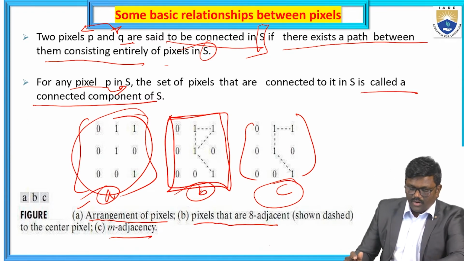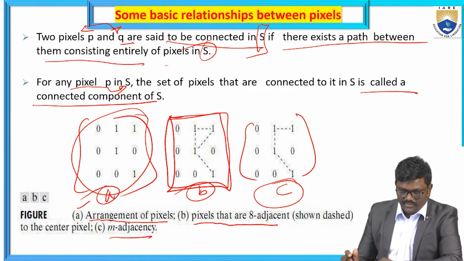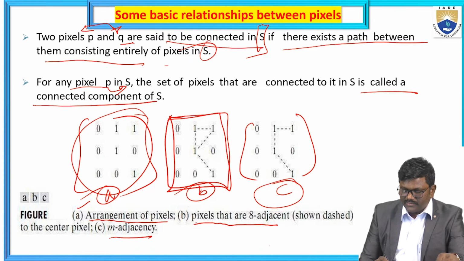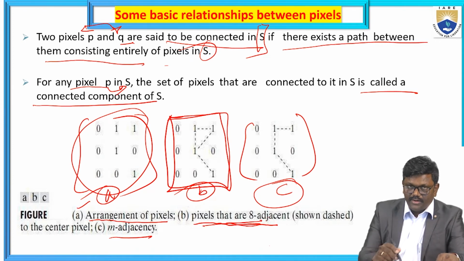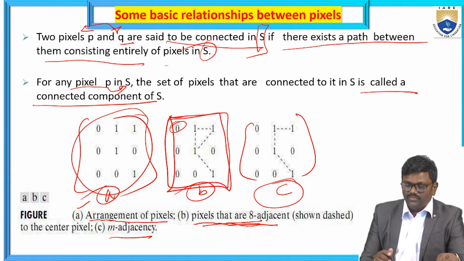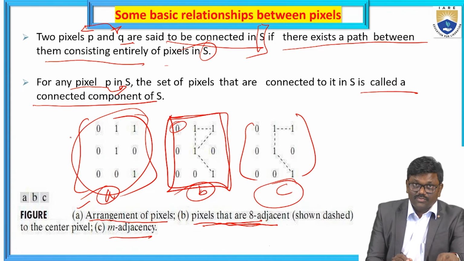You see, what we want to understand here is the pixels that are 8 adjacency. You may know that the pixels we are arranging are in terms of rows and columns only.